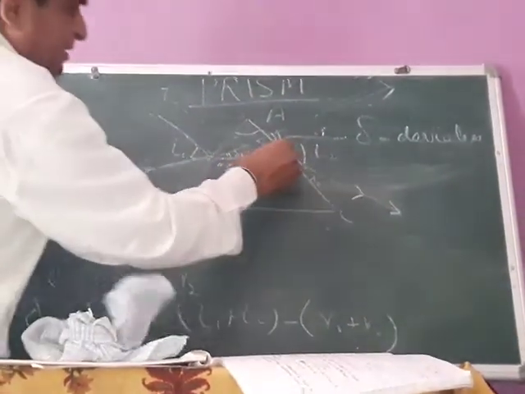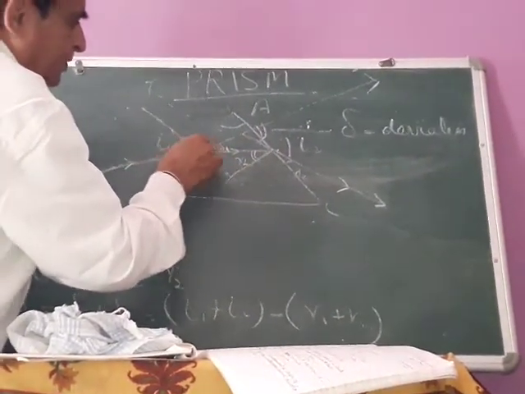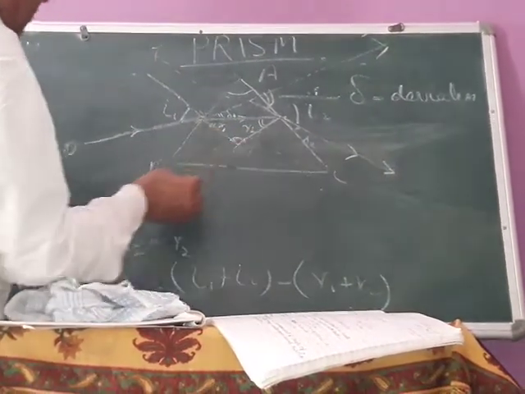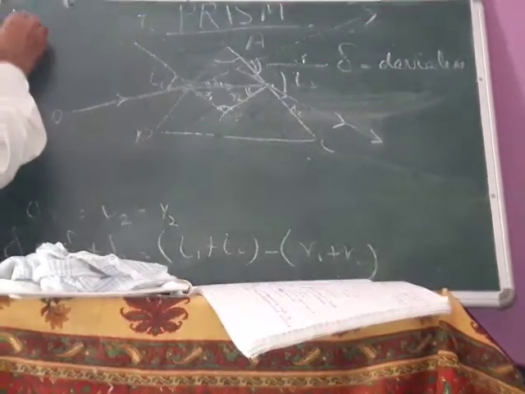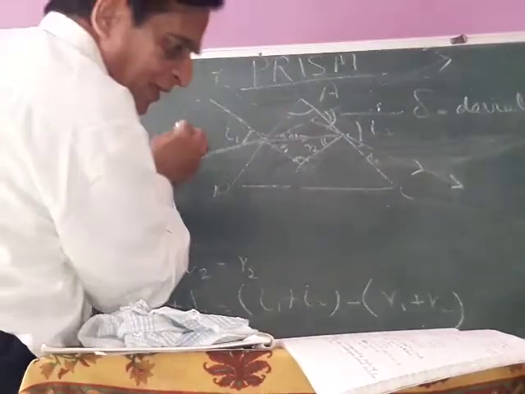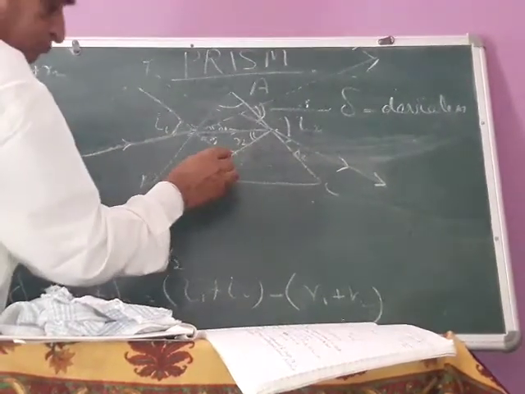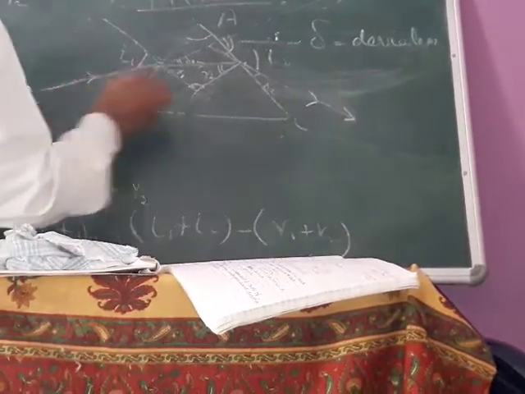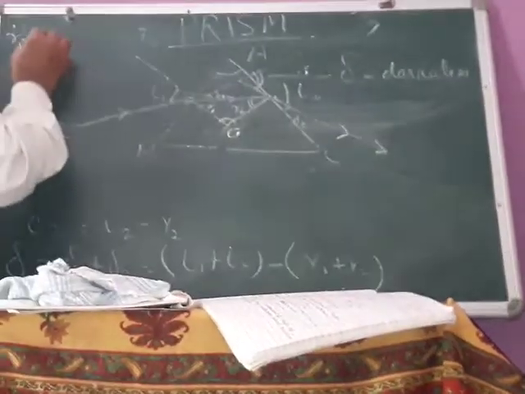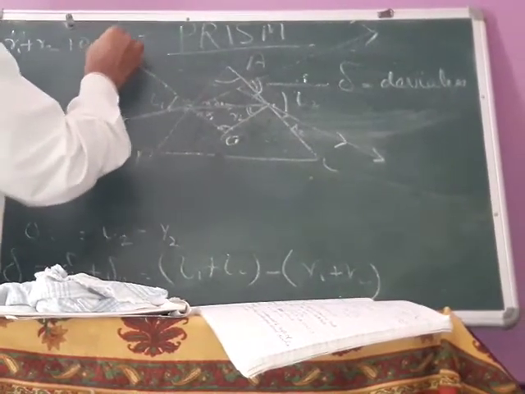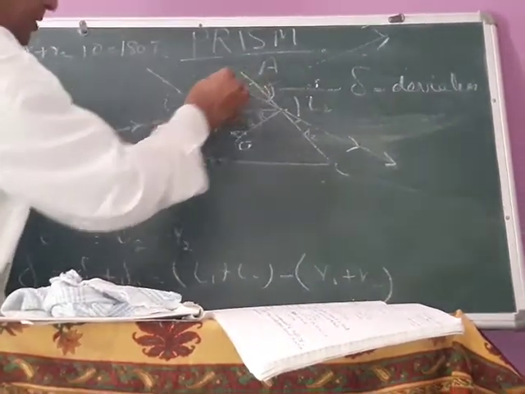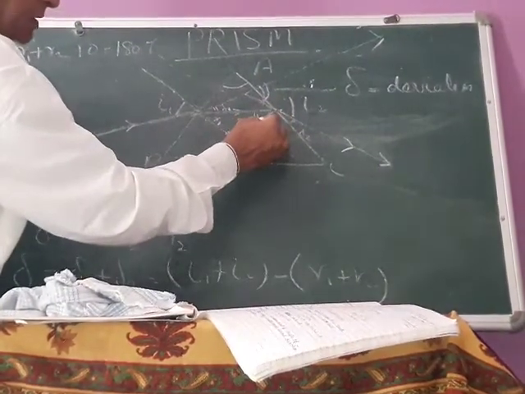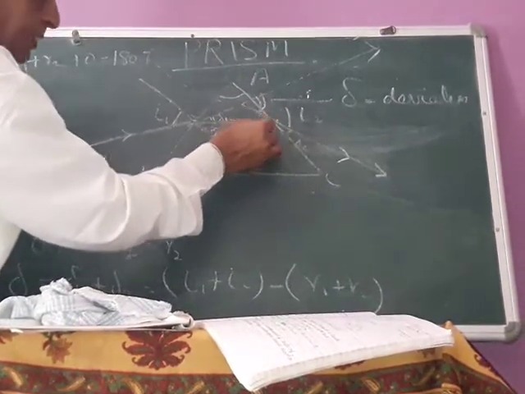Now, see in this triangle, R1 plus R2 plus this angle is 180 degrees. Let this angle be O. R1 plus R2 plus O is equal to 180 degrees. And take this quadrilateral. In this quadrilateral, these two angles are 90 degrees each.